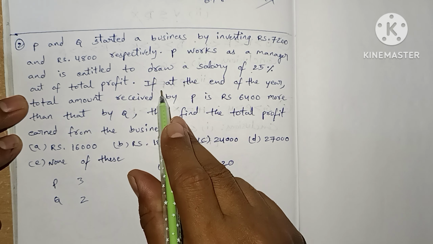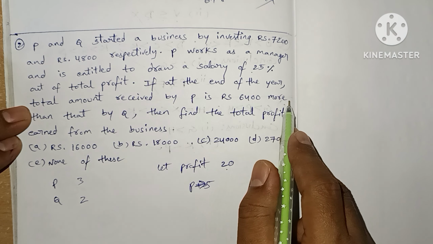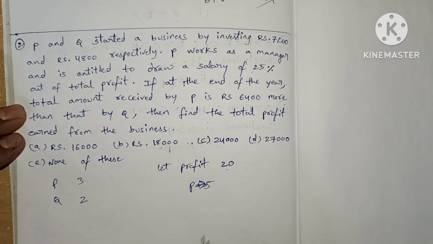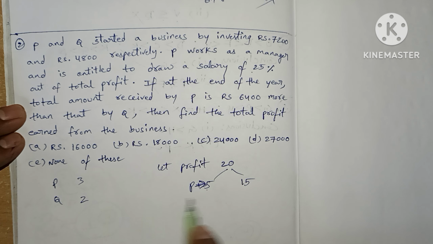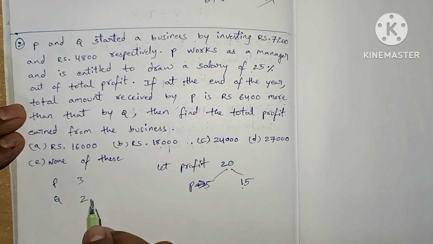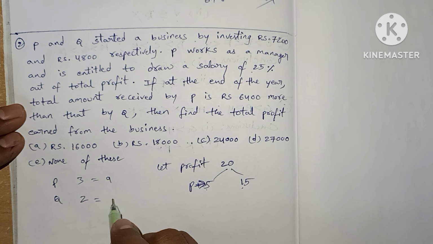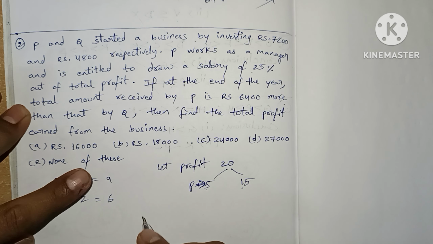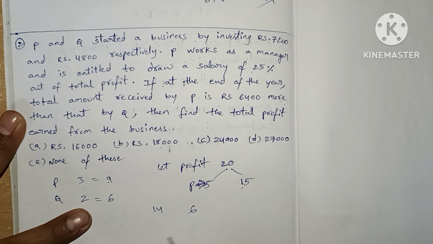Next. If at the end of the year the total amount received by P is 6400 more than Q, then find the total profit earned by the business. If we take 5, the remaining is 15. This 15 is shared in the ratio of 3 is to 2. This will be 9, and this will be 6. So P got 9 plus 5, which is 14, and Q got 6.